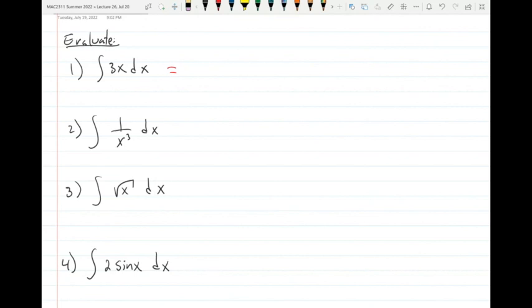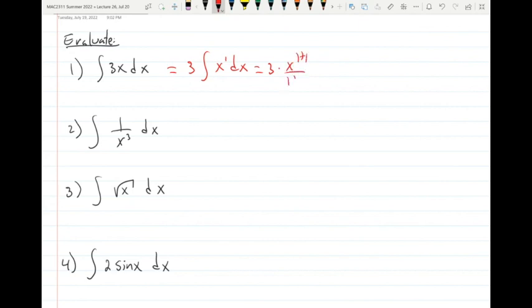Well, same thing for the integral. So 3 times x, okay, this is 3 times whatever the integral of x is. That's the constant multiple rule. And now, what's an antiderivative for x? Power rule. That's x to the 1. So we do x to the 1 plus 1 over 1 plus 1. So let's blindly use the rules, okay? So this is x to the 1, just to make it explicit.